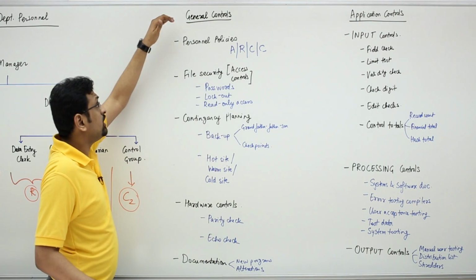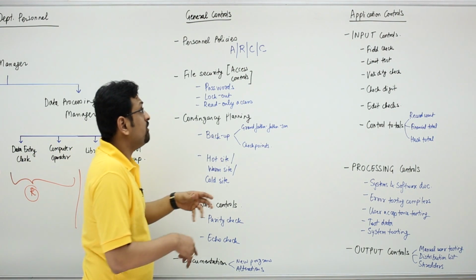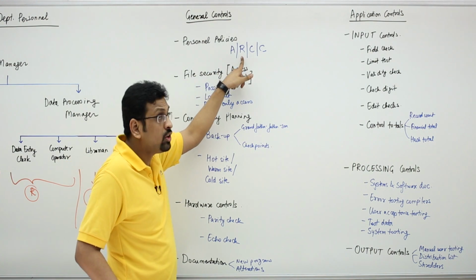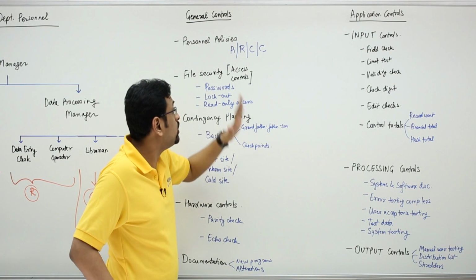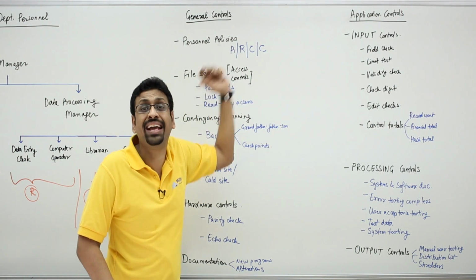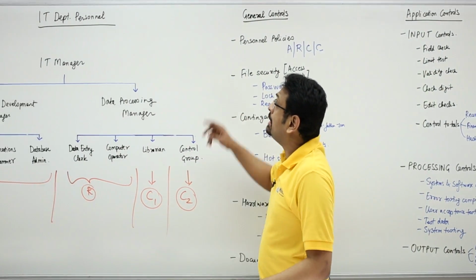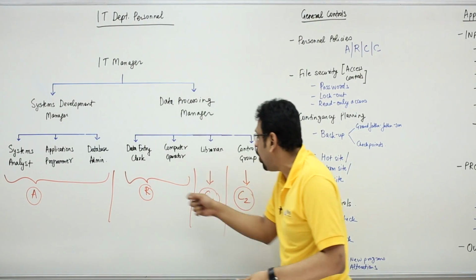Under general controls, we are first looking at personnel policies, which say that we need to have a team take care of authorization, record keeping, custody and comparison, and make sure that all these duties are segregated. That is what we saw when we looked at the personnel in the IT department.